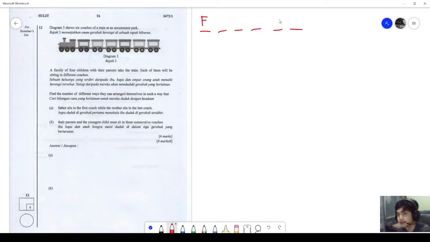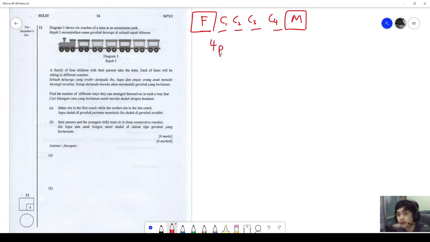So the father is here, the mother is here, and their positions are fixed. Since their positions are fixed, their children's positions aren't fixed. So we care about what position they sit in, and in this case we are going to use permutation.